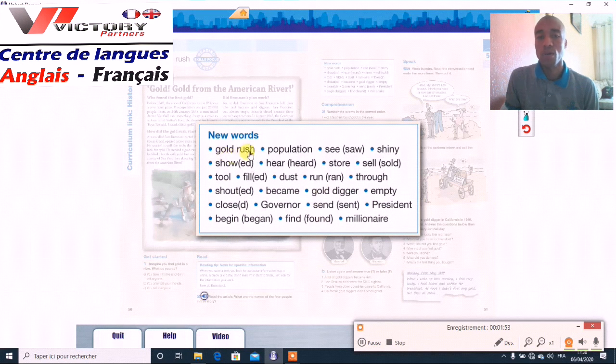For example: gold rush, population, see, shiny, show, hear, store, sell, to feel, dust, run through, shout, became, gold digger, empty, close, governor, send, president, begin, find, and millionaire. So these words help the reader to understand the text.